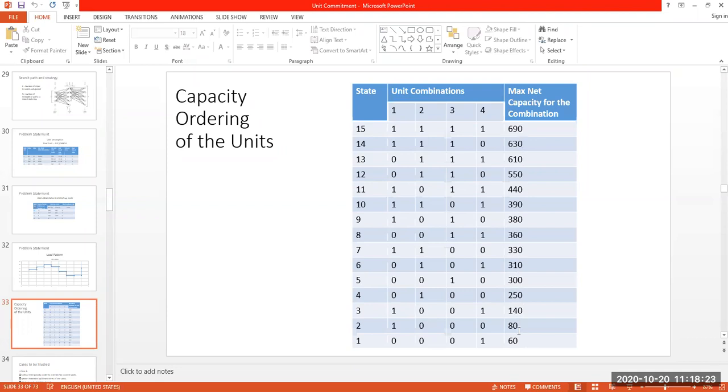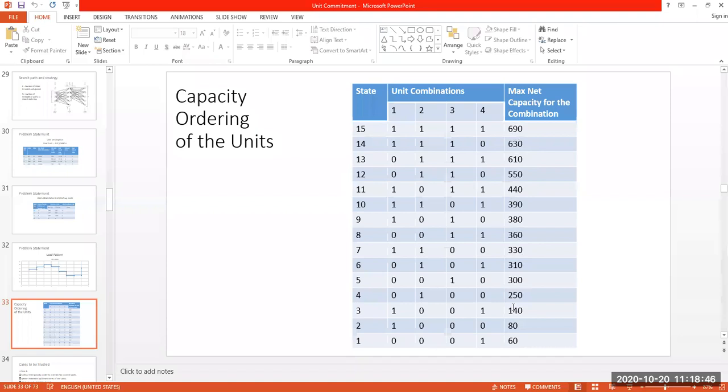We are focusing on this column. We are not following any binary sequence here; it's not 1, 2, 3, 4 up to 1, 1, 1, 1. In between there is some shuffling of the states, because we are preparing this table based on the maximum combined capacity of the units.